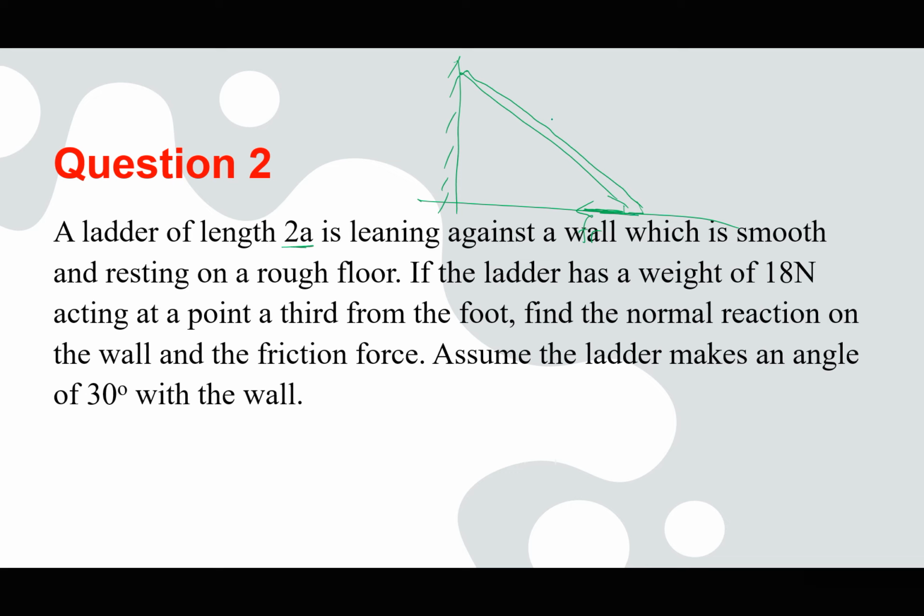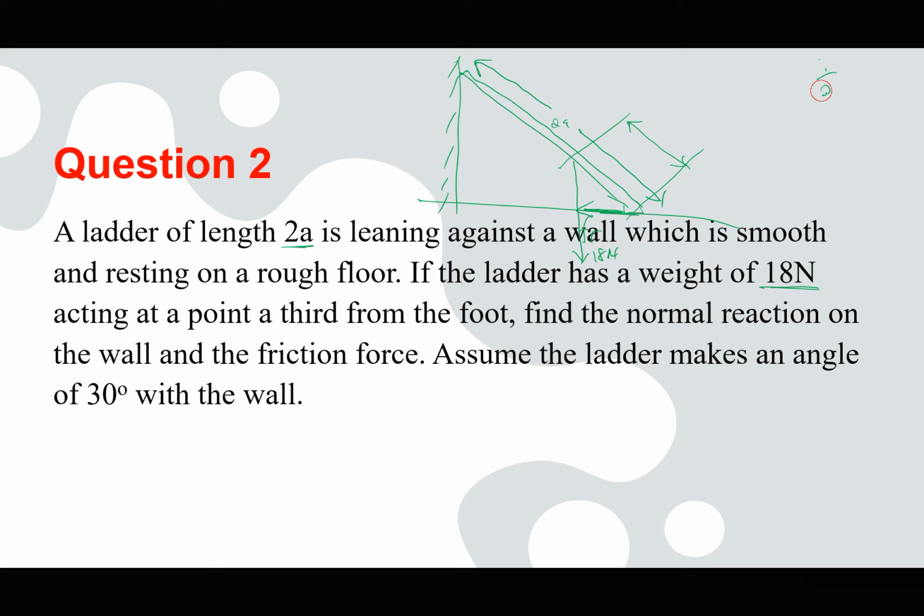So the length of the ladder is 2a. That is the total length. But its weight acts at a third from the foot. So 1/3 of 2a is where the weight acts. So let me put here 18 newtons. 18 newtons is acting at a distance of 1/3 of 2a.